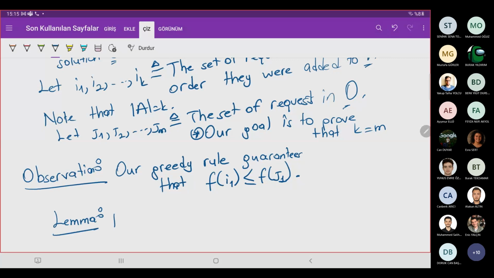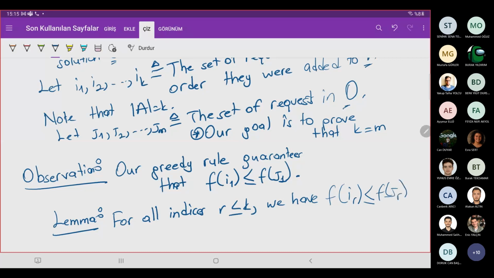For all indices r less than or equal to k, we have fir is less than or equal to fjr. Okay, that's my rule.